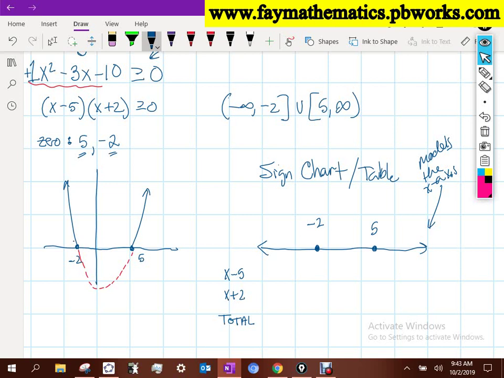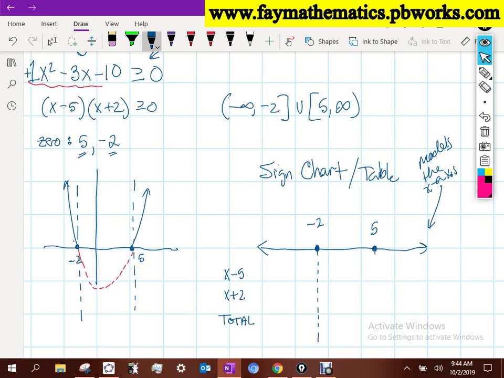Okay, so we got a number. So now, think about this: didn't these zeros over here chunk our number line up and provide us the spots in which we were either above or below the x-axis? So I'm going to come over here and do the same thing.